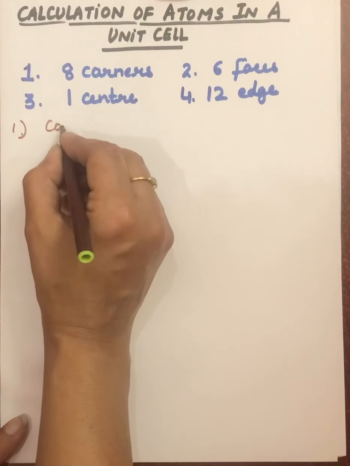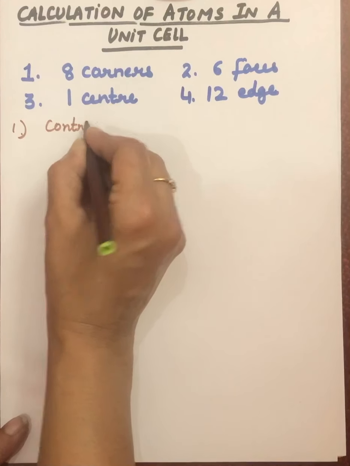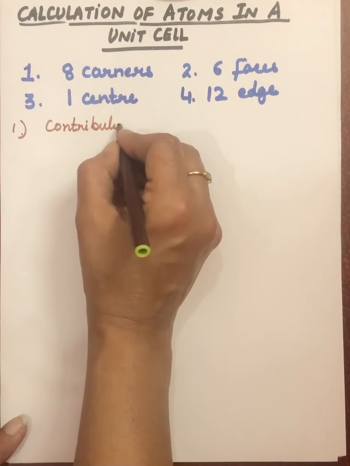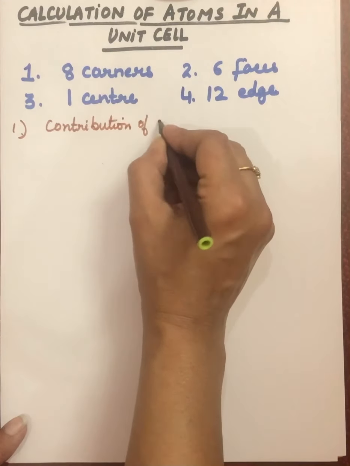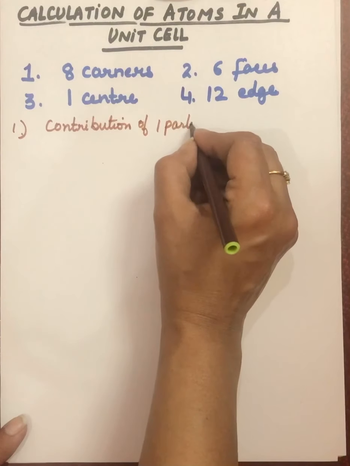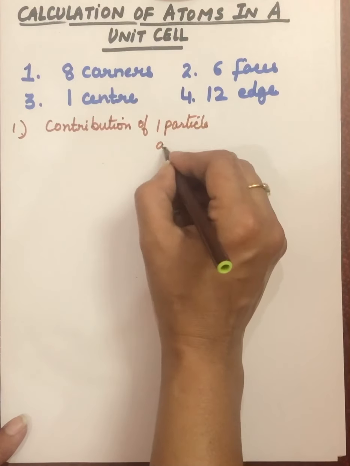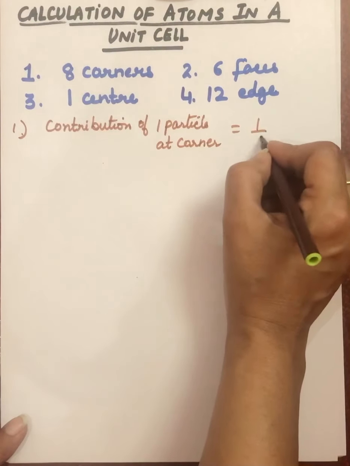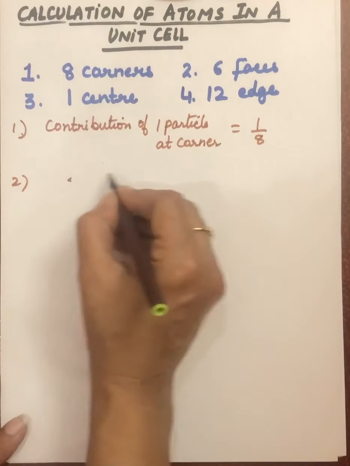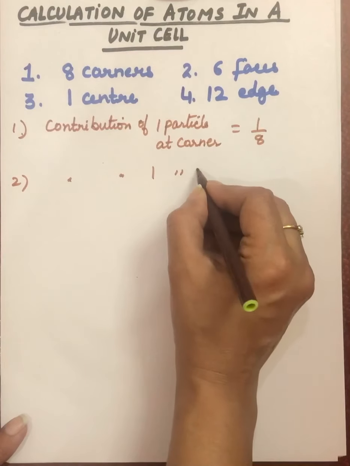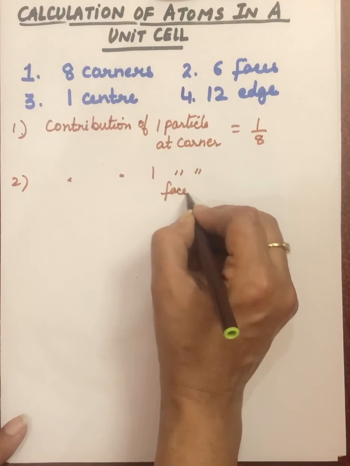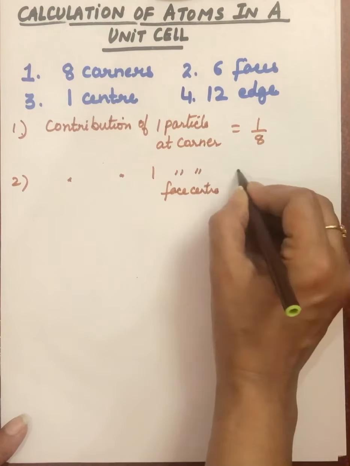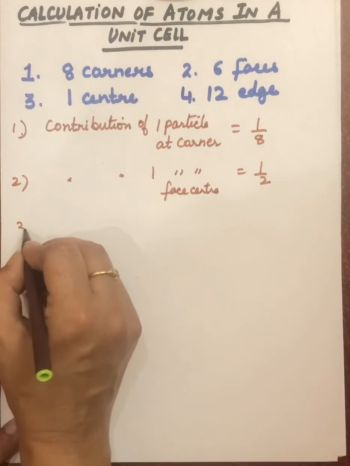Contribution of one particle at corner of unit cell is 1 by 8. Contribution of one particle at face center is 1 by 2.